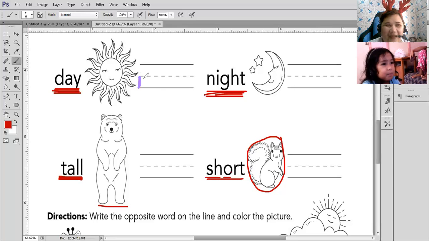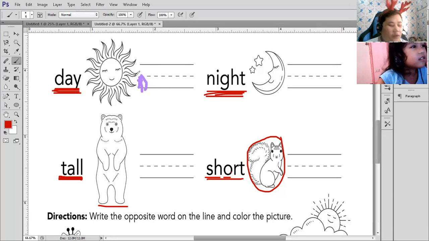Yay! Purple! Like this. Oh, again. Okay, good.